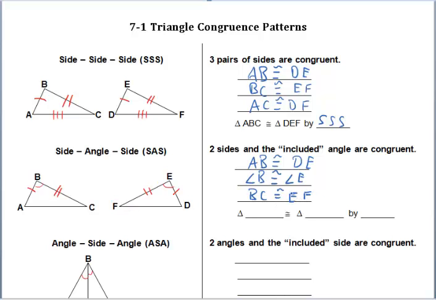Since I have a side, an angle, and a side congruent, in that order going around the triangle, these two triangles are congruent.